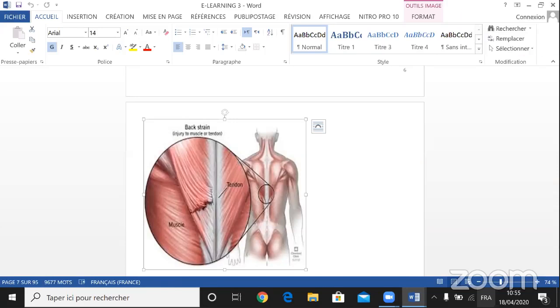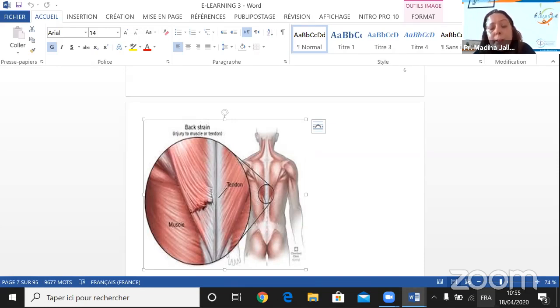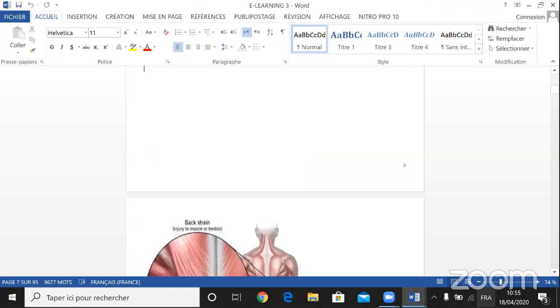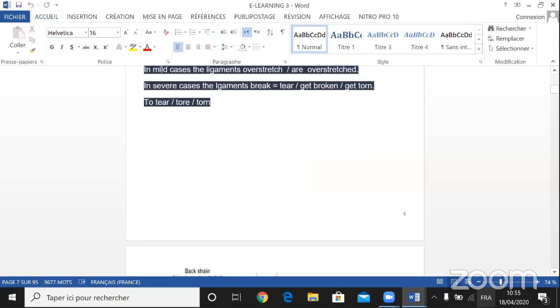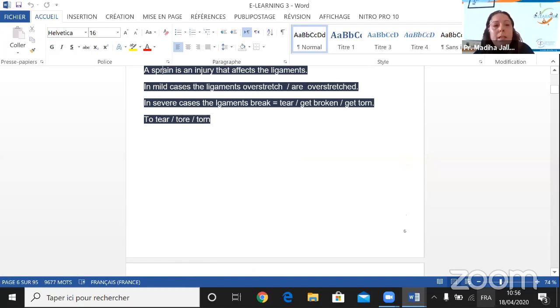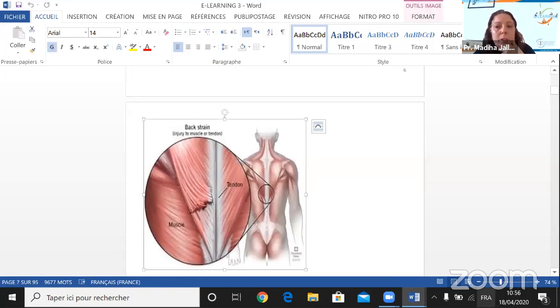The bundles of muscle fibers can get torn. Good. They can get torn, get broken, get ruptured. This is in severe cases. And in mild cases, overstretched. Good, so we can use the same word. This is in mild cases, and this can happen as a result of what?